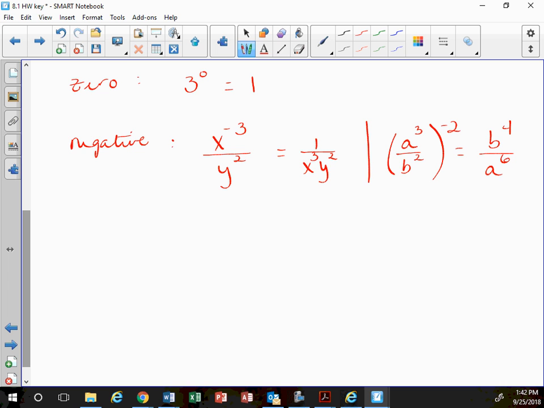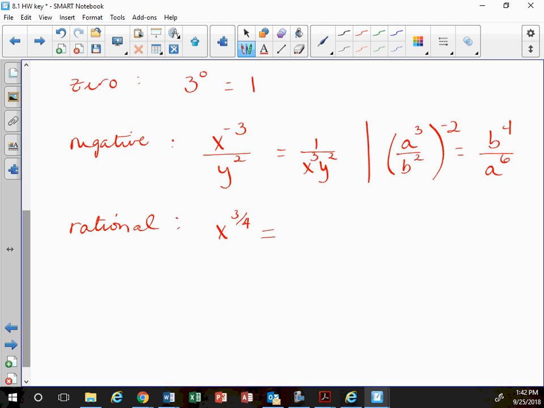All right, so far so good, right? Okay, we also have rational exponents. What if you see x to the 3/4? What does that mean? You do not skip the problem.